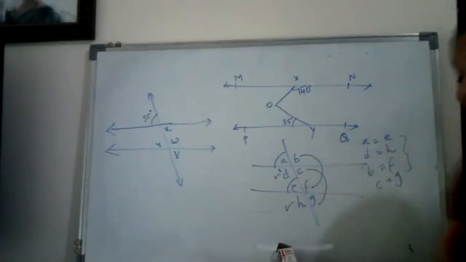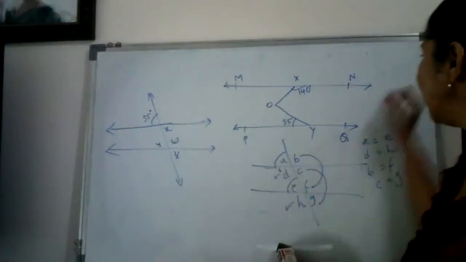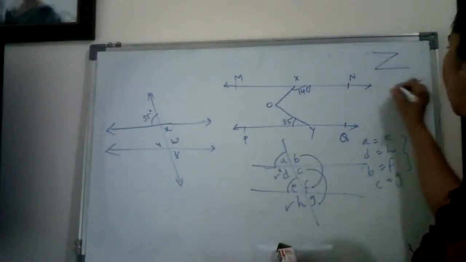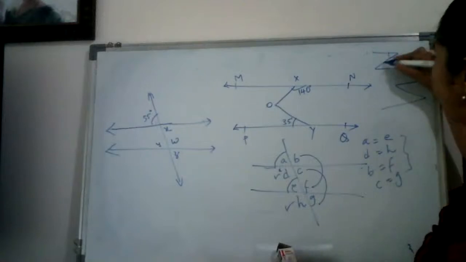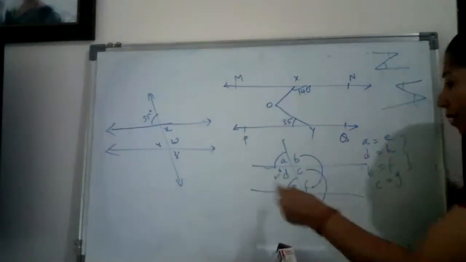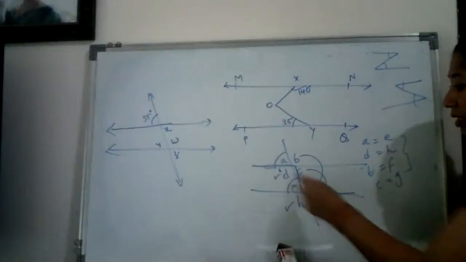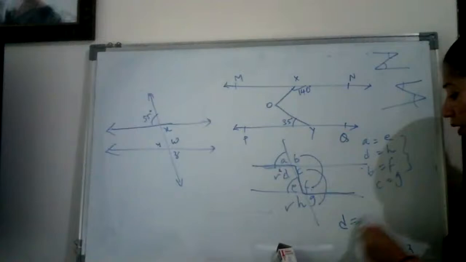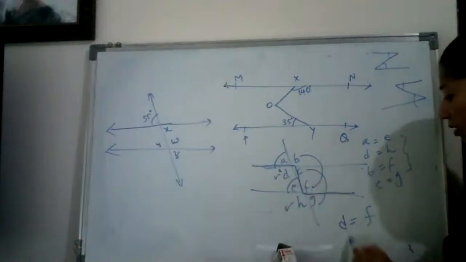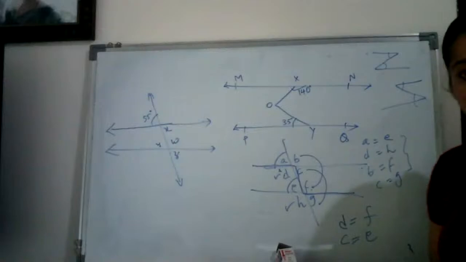Remember? Then second, I taught you about alternate angles. That is the Z shape. When you make this Z, you get 2 angles, and again they are equal. So you could see the Z part over here. D is equal to F, and C is equal to E. This makes the pair of alternate angles.